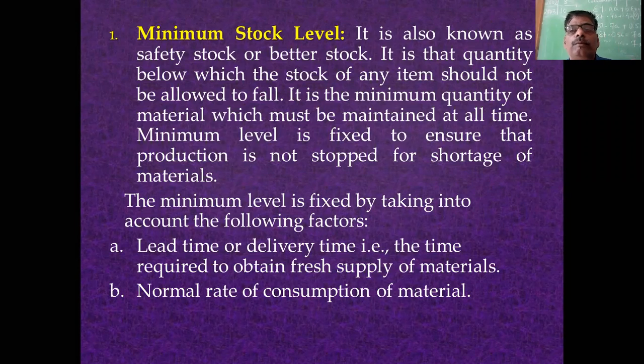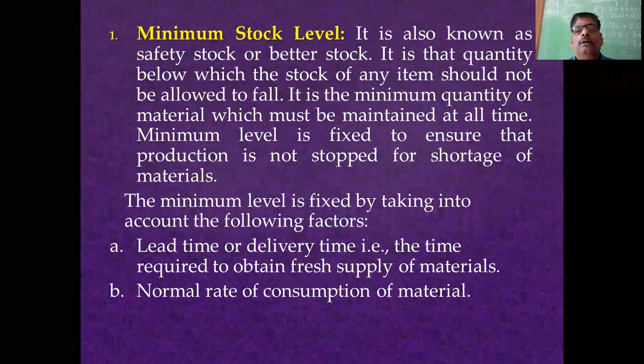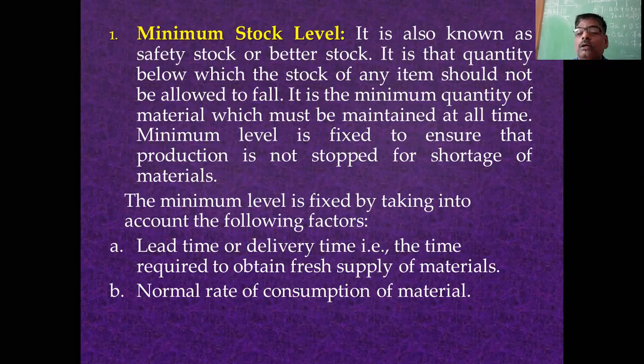On an average 250. So the production manager takes 250 on average, and the supplier takes on an average 12 days to supply new stock. Then what is the minimum order you have to fix?